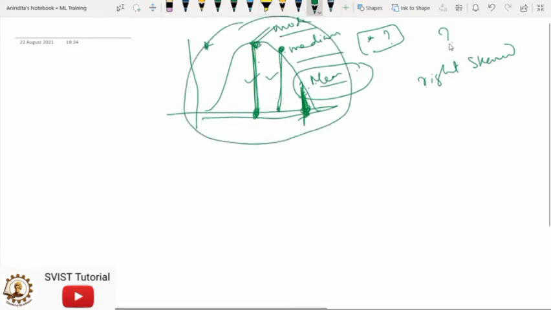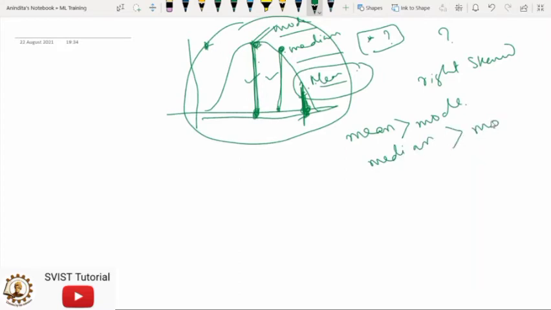Now my question is why? Whenever you have the situation where mean is greater than mode, and median is greater than mode, and mean is greater than median.